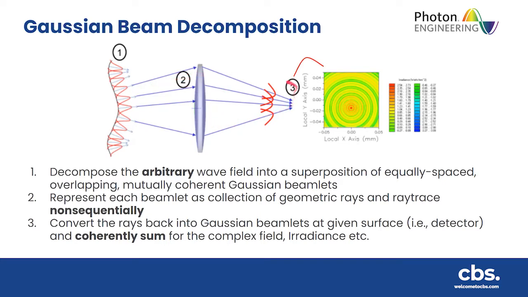And then when they reach the area you need them to, such as the detector, the Gaussian beams are coherently summed back together, and you get the field that you're looking for, a radiance or complex field, etc. So that's essentially the technique in a nutshell. Obviously, there's a lot more mathematics and specifics, but that's generally speaking what is happening. It's leveraging Fred's ray trace engine to propagate Gaussian beams through the system and sum them on the detector.